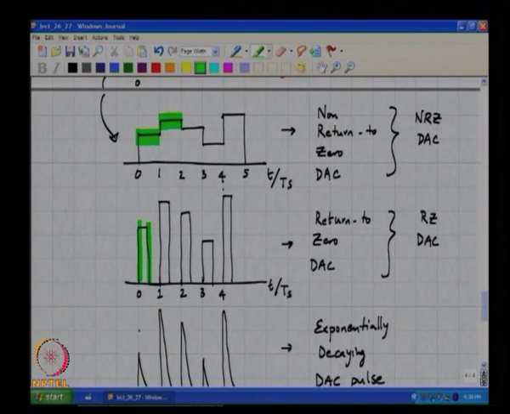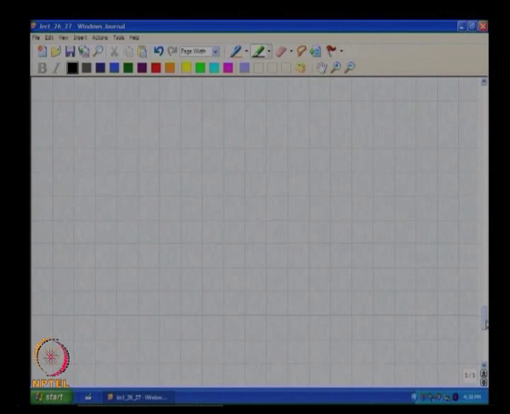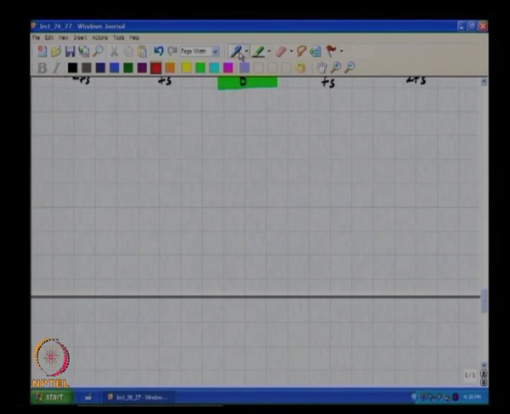Okay. Now, we want to build a sigma delta loop, where we are trying to make the loop believe that the filter is discrete time. You understand? So, the question is how do we do this. So, let us take an example of a first order loop as an illustration.